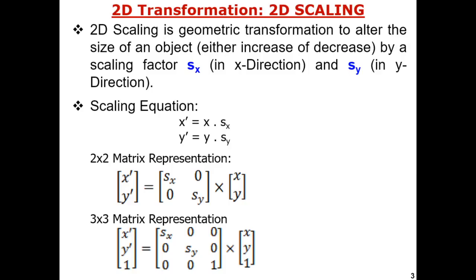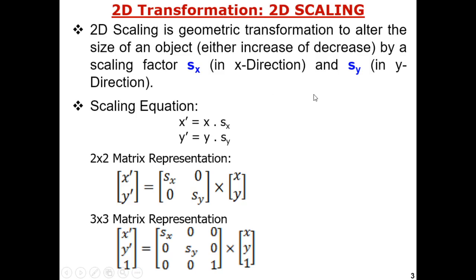First of all, the definition is very simple: 2D scaling is a geometric transformation that alters the size of the object, either increasing or decreasing it. Scaling can be to a larger or smaller size, that is upscaling or downscaling, by a scaling factor known as sx in the x direction and sy in the y direction.